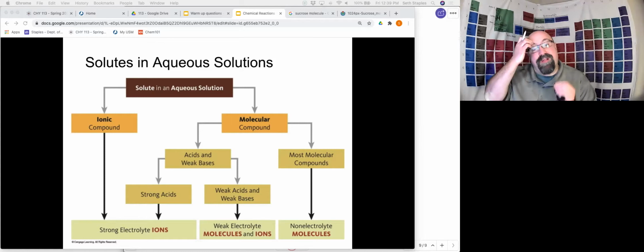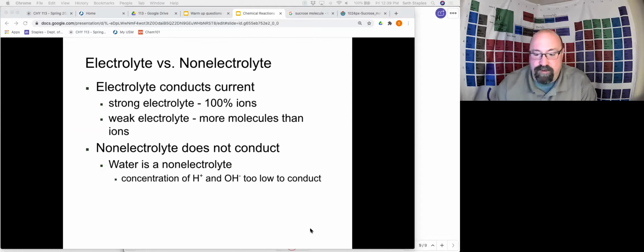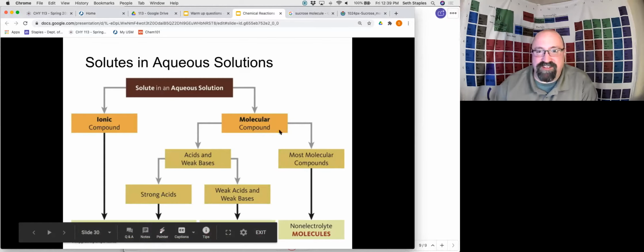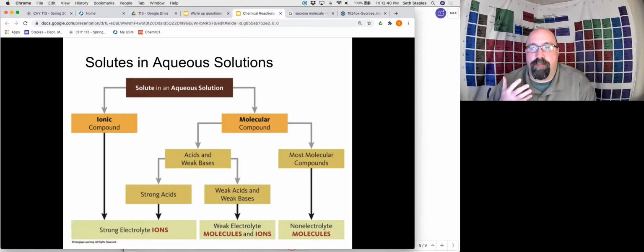If you have something that's a molecular compound, something that is covalent, most molecular compounds are going to be non-electrolytes. Some of them, however, acids and weak bases, might fall into strong or possibly weak electrolytes.